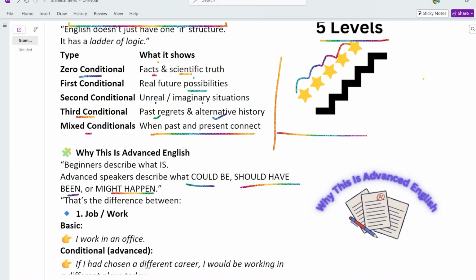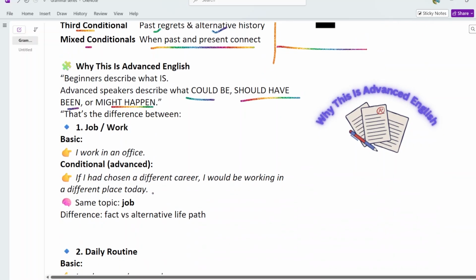So these are the things you really need to understand when you're looking at conditionals, that it helps you to speak in terms of what could be, what should have happened, or what might happen. That's the difference.